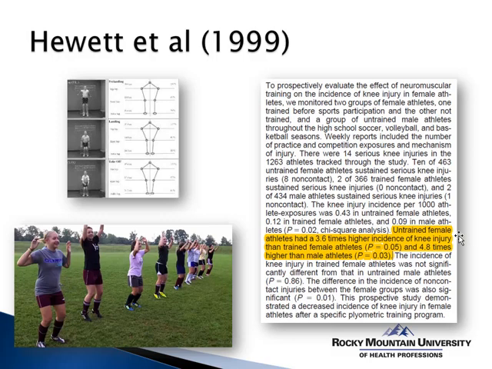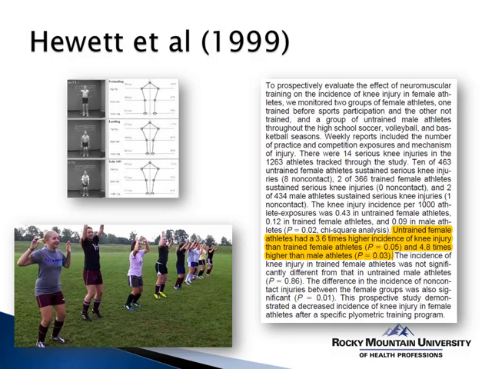They found that untrained female athletes had a 3.6 times higher incidence of knee injury than trained female athletes and a 4.8 times higher rate than male athletes. What that looked like to you? Epidemiologic data, people at risk, more likely at risk.